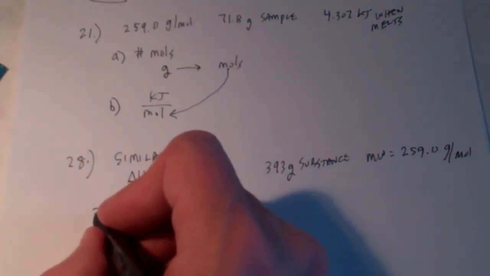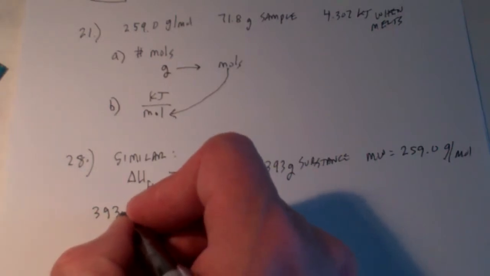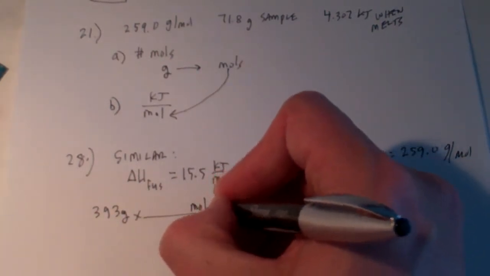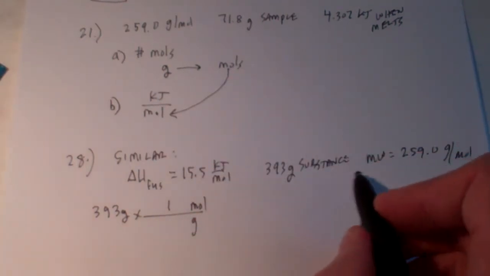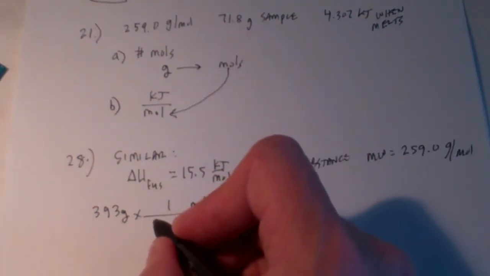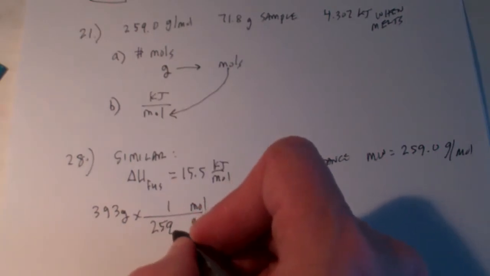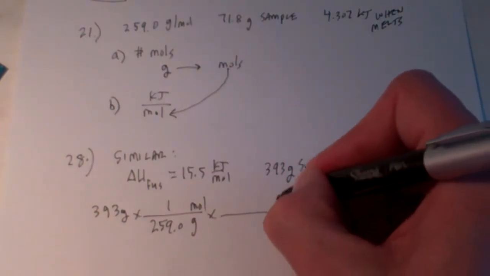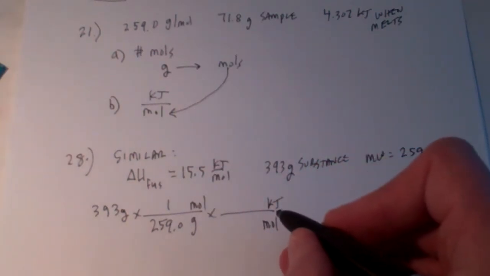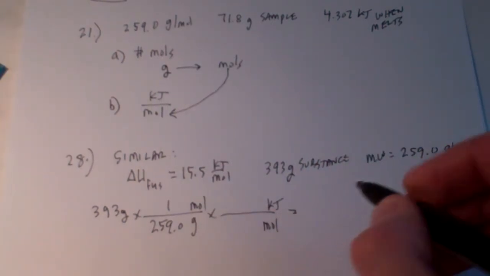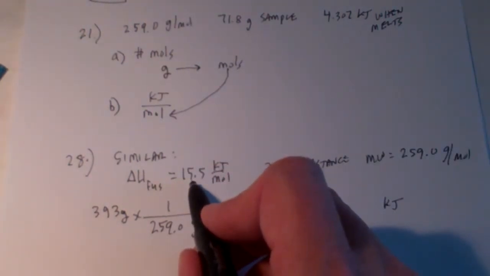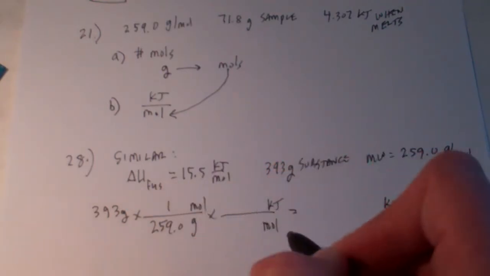I'm going to start with 393 grams of my substance, and I'm going to go from grams to moles of my substance. 1 mole of the substance has a molecular weight of 259.0 grams. Then I'm going to go from moles to kilojoules, because my question is how much heat is required. Kilojoules is my unit of heat. Doesn't it say that 15.5 kilojoules are required per mole?